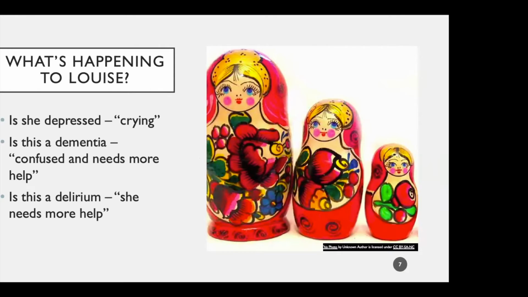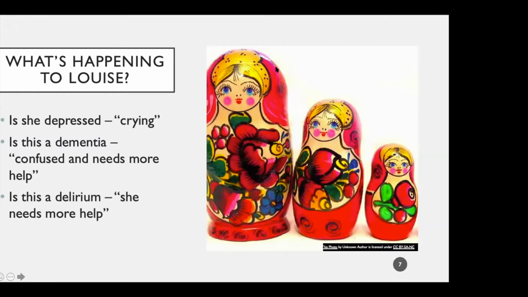And so this is what we're going to unpack. How can you, as a clinician, a case manager in aging services, an RN, how can you help the nursing home figure out what's happening so that they can develop the most appropriate plan for Louise?